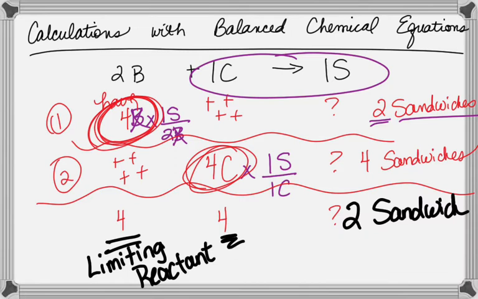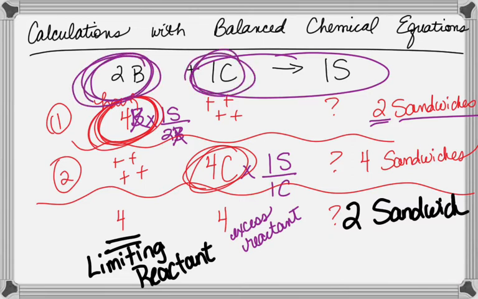In this situation, the cheese would be the excess reactant, because I don't run out of it. I have some left that can't react. And no, you cannot double up your cheese on your sandwich because it always has to be made with 2 breads and 1 cheese. Okay, now let's apply this concept to balanced equations. And when it seems like I'm losing you with the balanced equations, come back to look at the bread and cheese example.